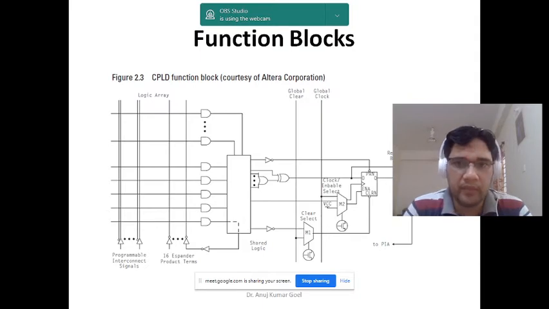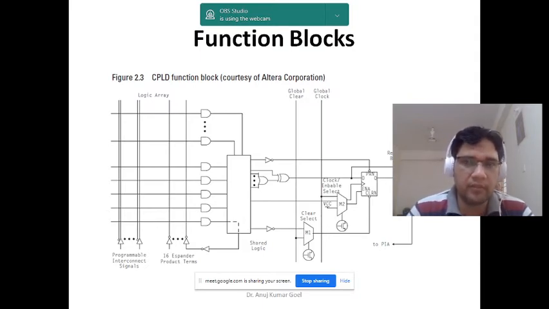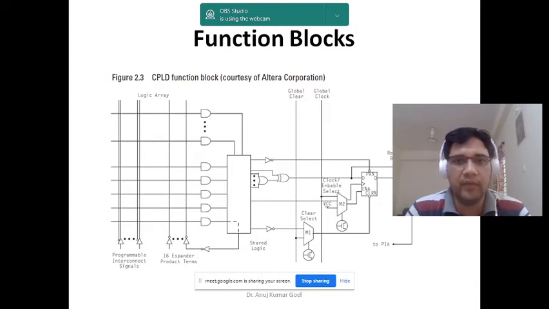Why are these present? Because of the global clock. What is the meaning of global? Global means it is the same for all the components present on the same chip. For example, if on an IC 100 different elements are there, the same clock should be provided to every element, because when the clock is the same, only then is synchronization possible.